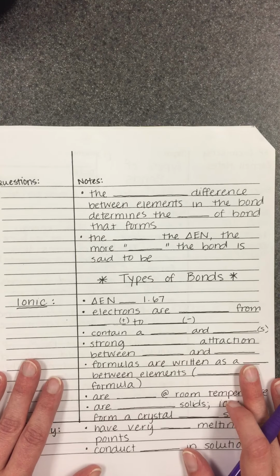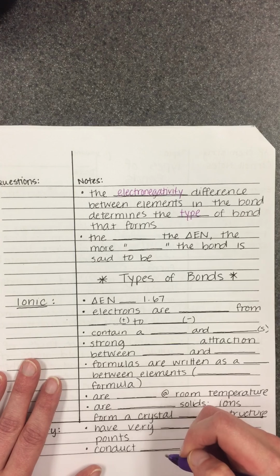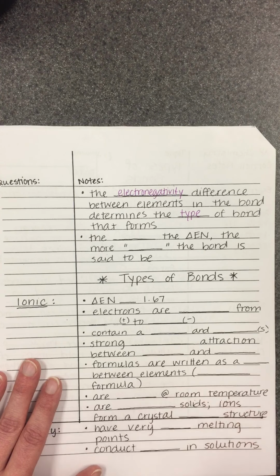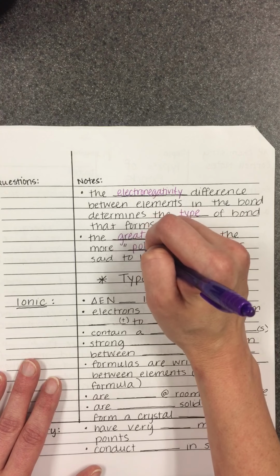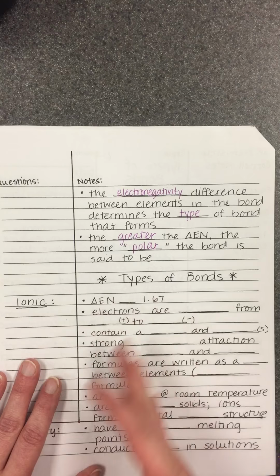The difference in that electronegativity between elements actually can determine the type of bond that forms between them, okay? And also, just a note here, the greater that difference in electronegativity, which is going to be delta EN, the more polar that bond is said to be. In fact, sometimes it can be so polar that it can be ionic.